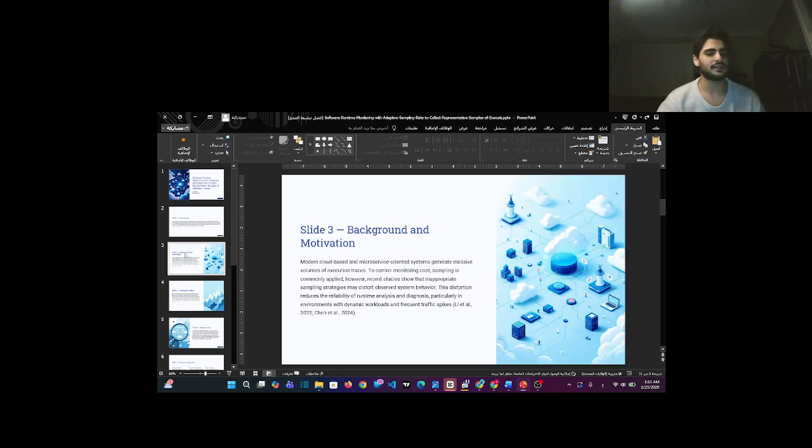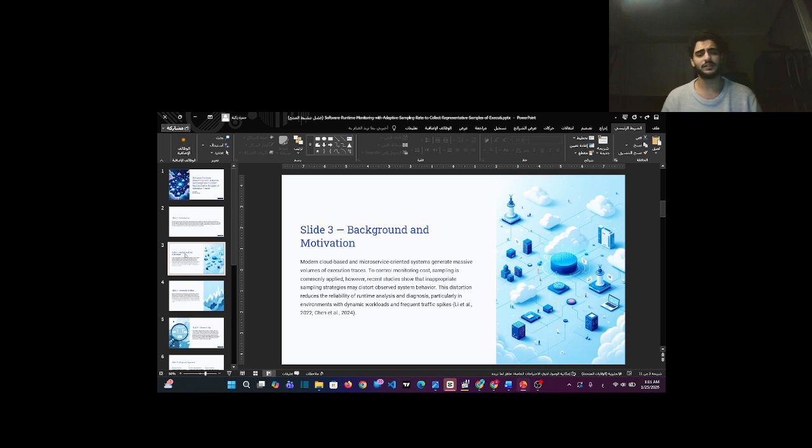So, for slide 3, which is background and motivation, in recent years, cloud-based and microservice-oriented systems have become the dominant architecture. These systems generate extremely large volumes of execution traces due to the high request rates and service interactions. To manage this volume, sampling is widely used.